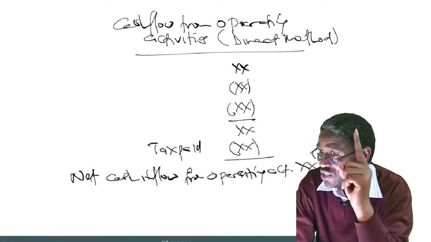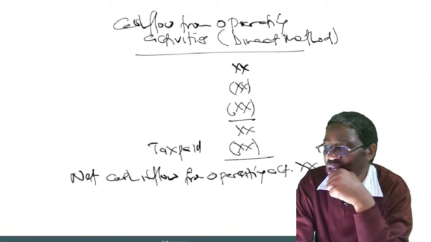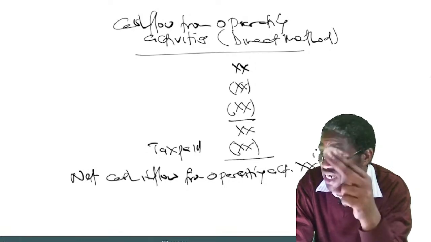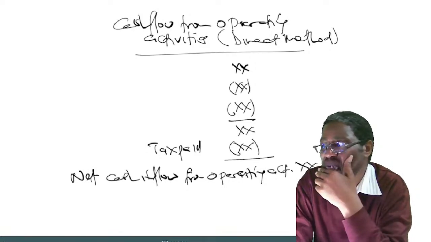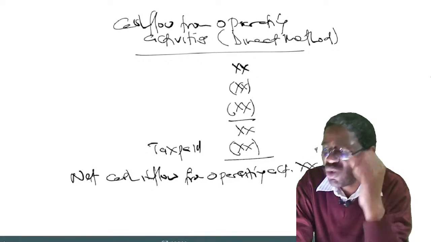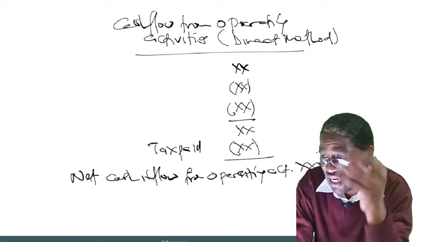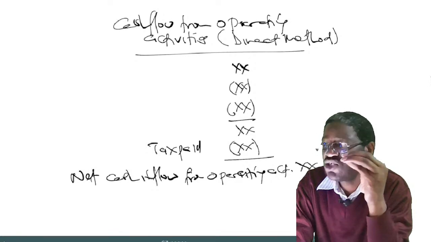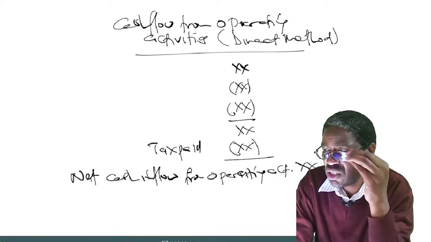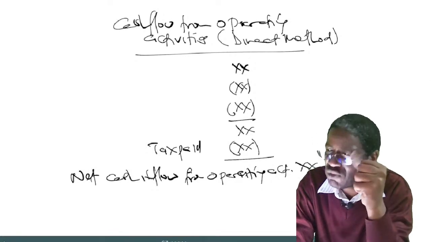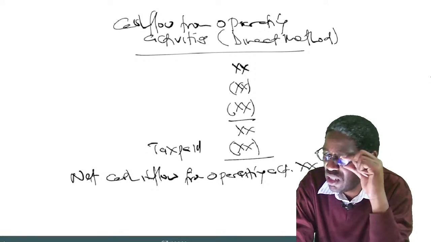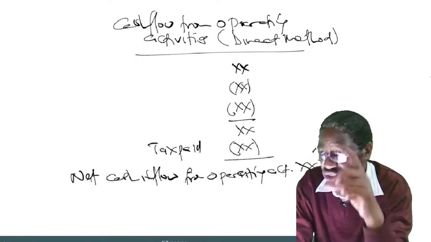One is a positive amount. The other two are normally negatives. So remind me, what are the three items that you had to use when you were determining the cash flow from operating activities using the direct method?